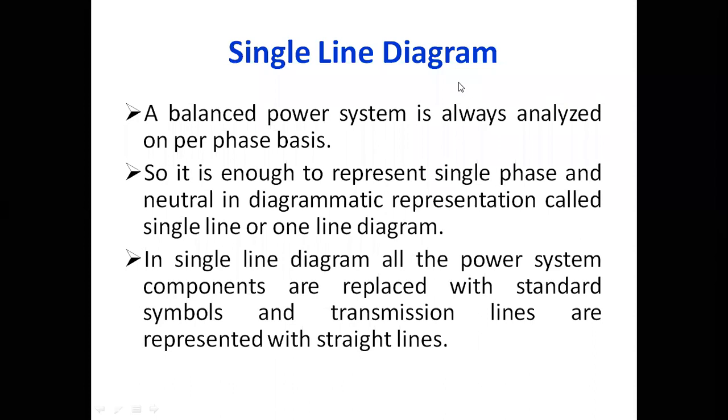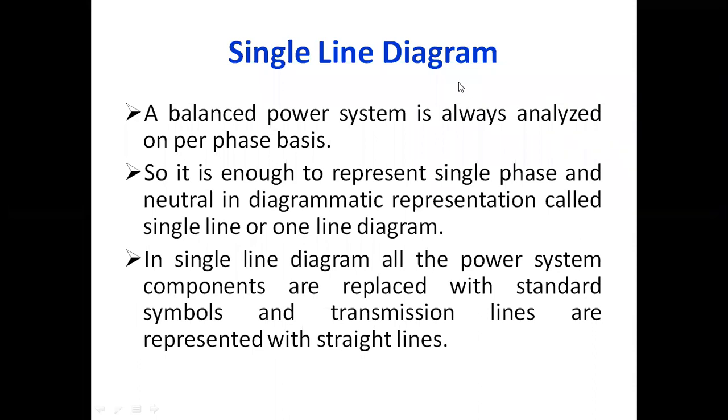Already we have discussed that systems are classified into two categories: the first is the balanced power system, the second is the unbalanced power system. If the system is balanced, then only is it possible to draw a single line diagram. Why? Because to make the analysis simple, we consider only one phase and neutral.